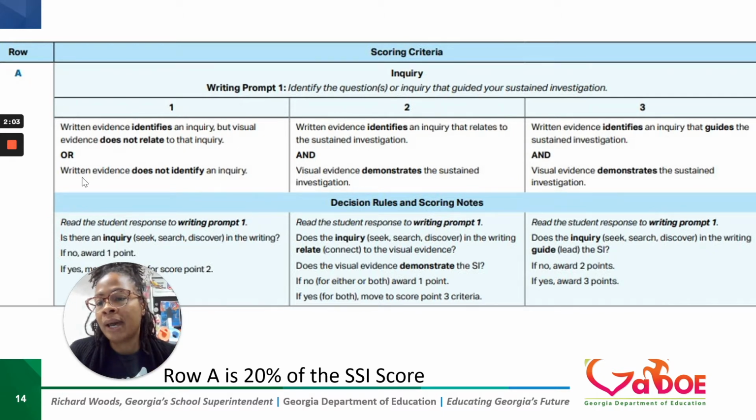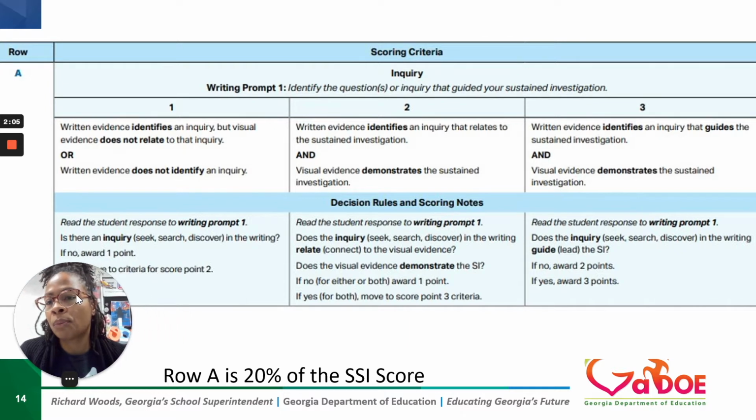I want to look specifically at score point 1 and some of the verbiage that's here. Written evidence identifies an inquiry, but visual evidence does not relate to that inquiry, or written evidence does not identify an inquiry. If you look at the difference between 1 and 2, there's the "and."